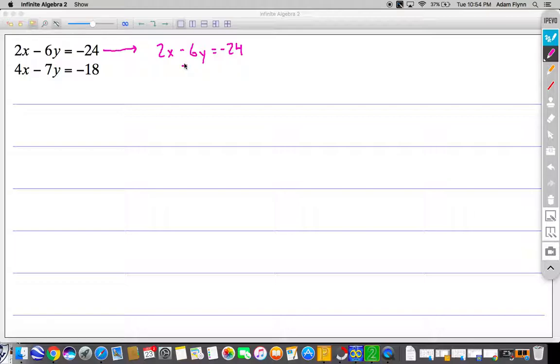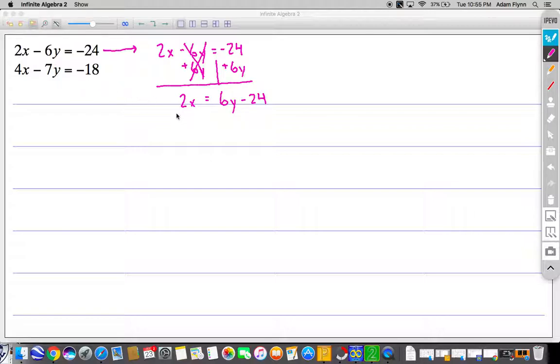I'll add 6y to both sides. Negative 6y plus 6y cancels. So I get 2x equals 6y minus 24.